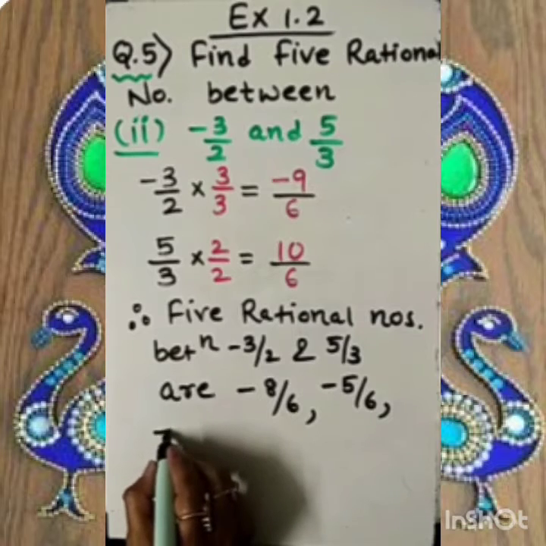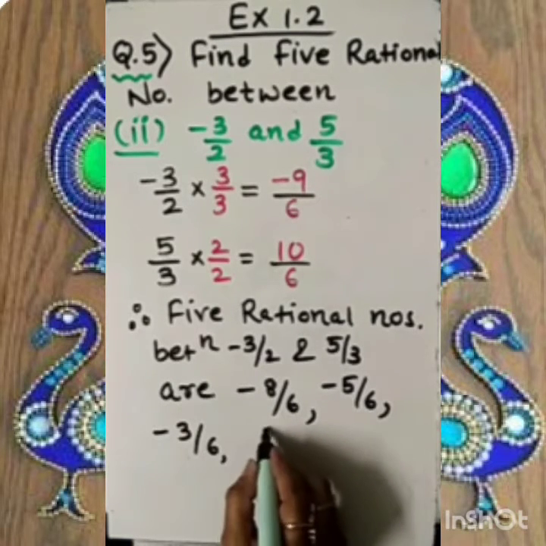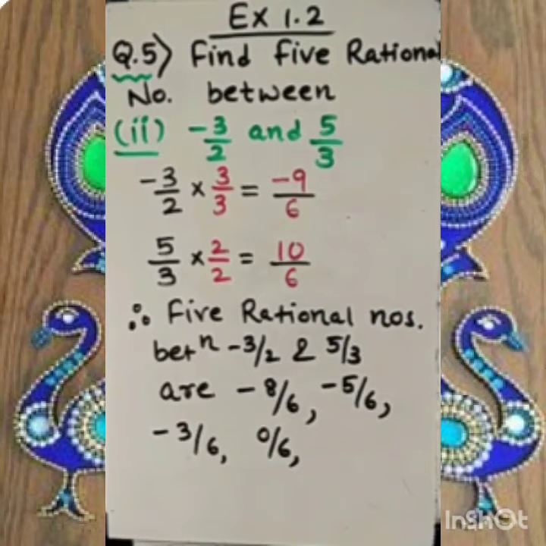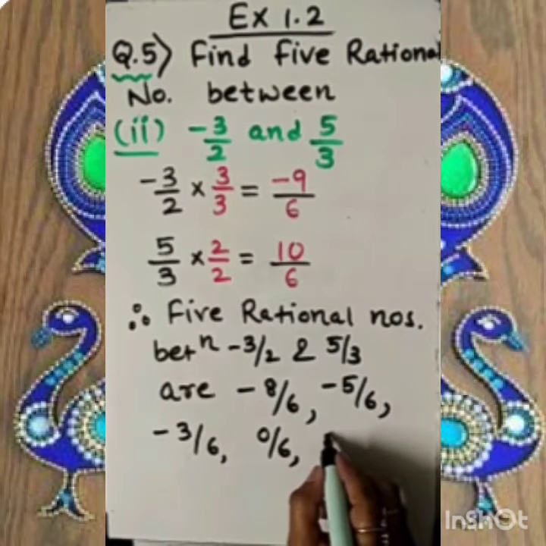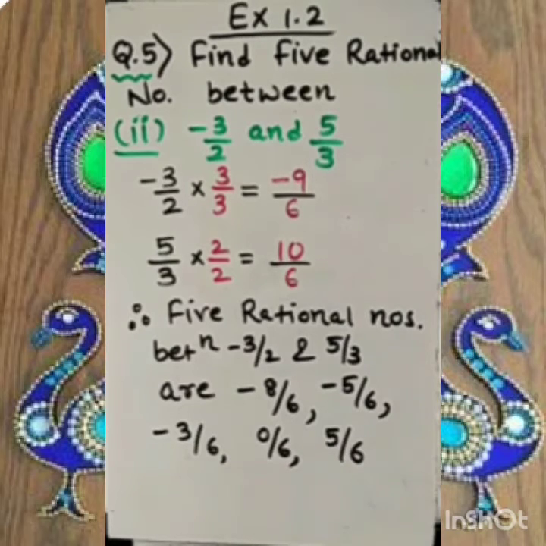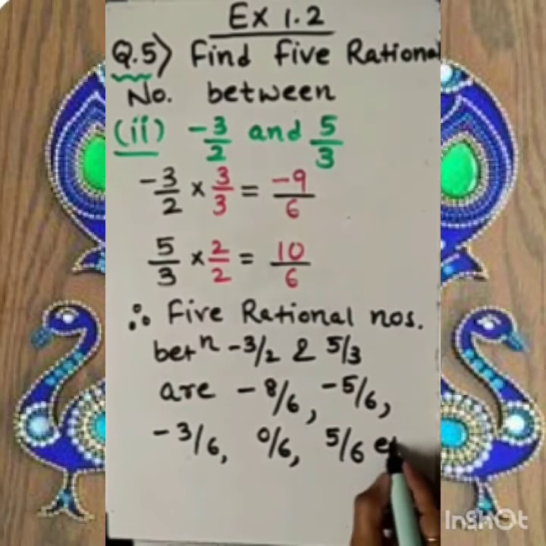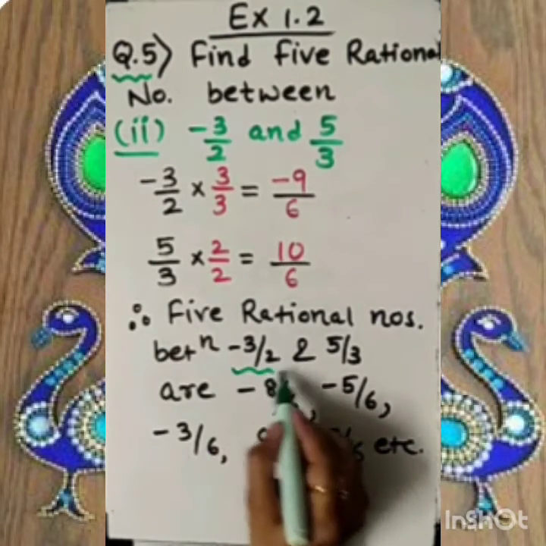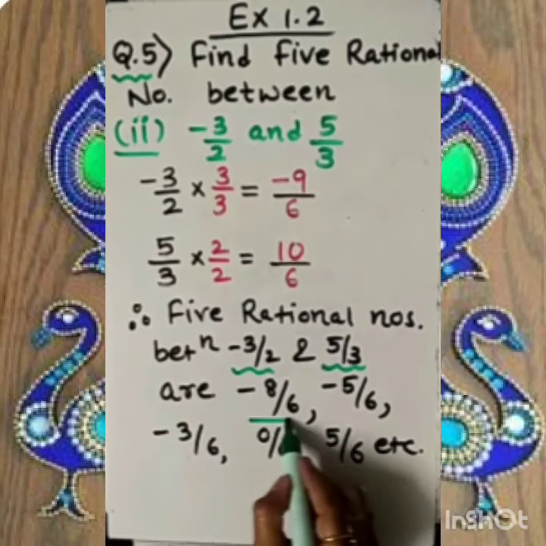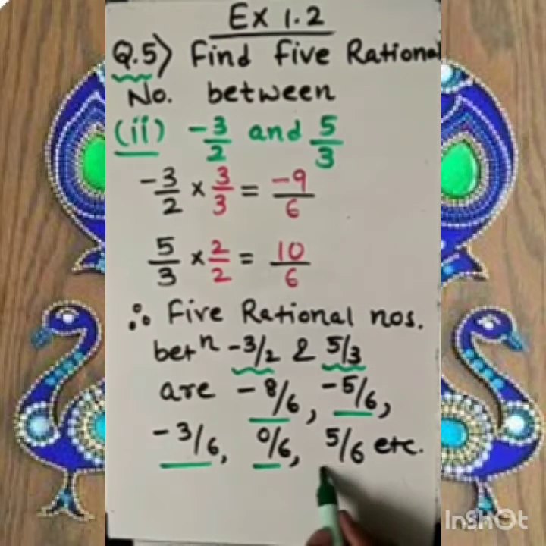Then I would like to go with minus 3 by 6. 0 by 6 is 0 also, because it's itself a rational number. Then one positive number I'm choosing, 5 by 6, etc. These are the numbers which we can say lie between these two given numbers. Okay. So randomly we have written.